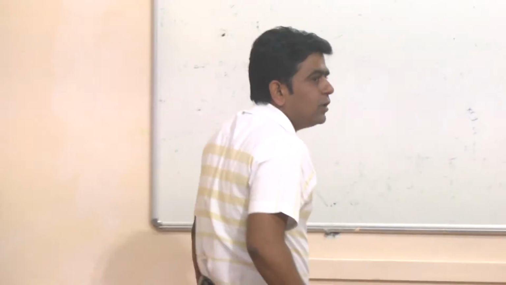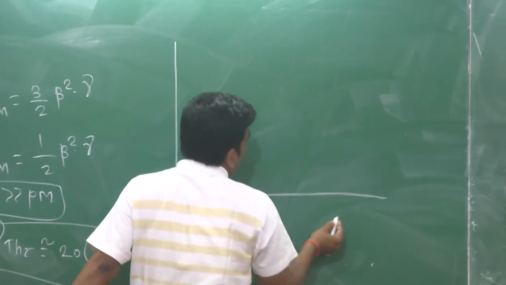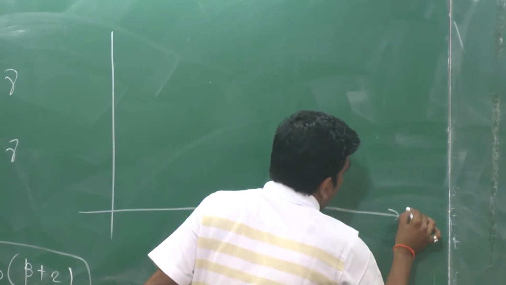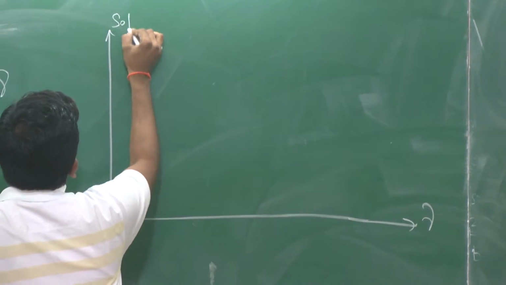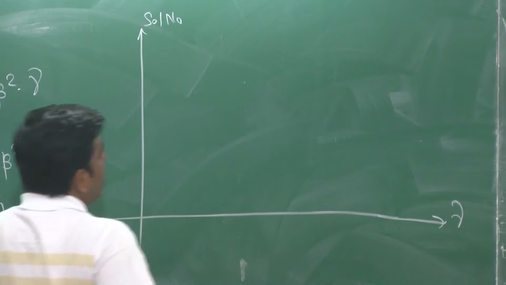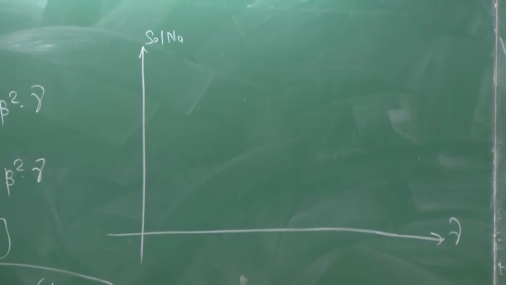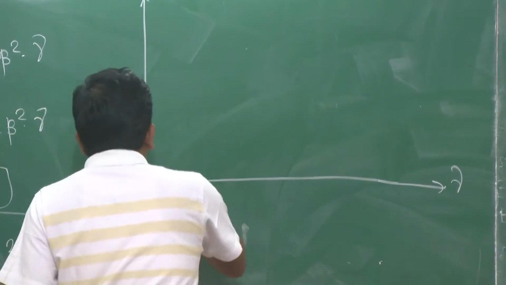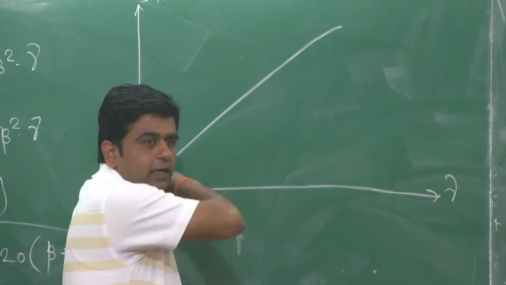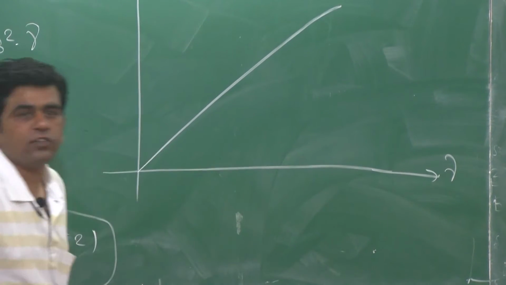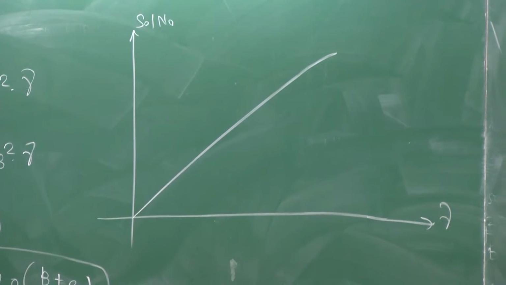So when we plot the output signal to noise ratio in terms of input signal to noise ratio for your communication system, for AM modulation with a synchronous detector, we will get a linear relationship. Output signal to noise ratio is related to input signal to noise ratio with some slope.